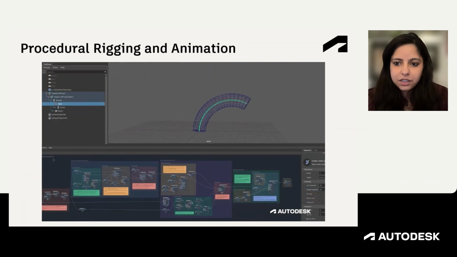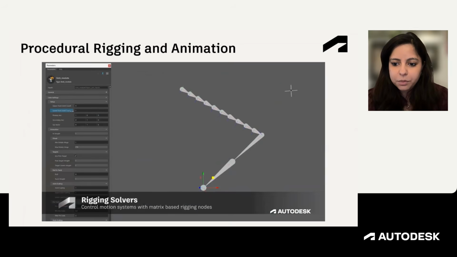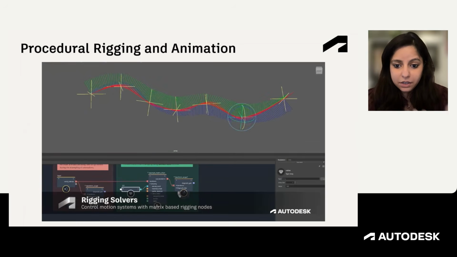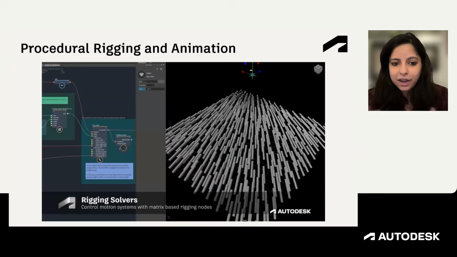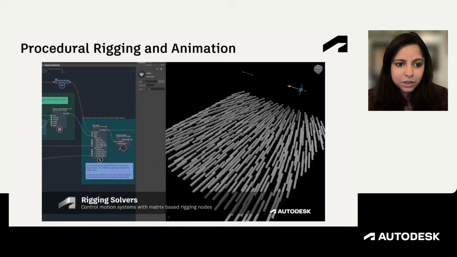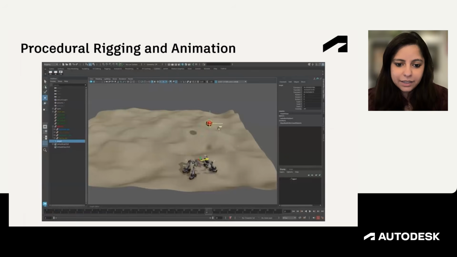As you can imagine, these workflows can be especially powerful in a production environment where iteration and speed is a necessity and variation and non-destructive workflow really matters. Instead of rebuilding the rigs every time, now you have a system that evolves with you and helps you do things really fast.